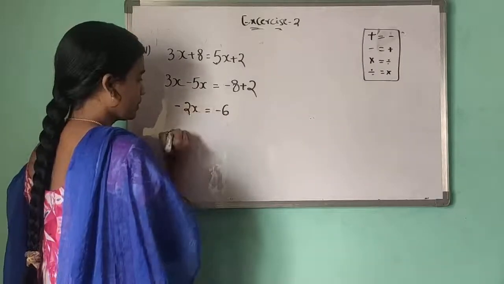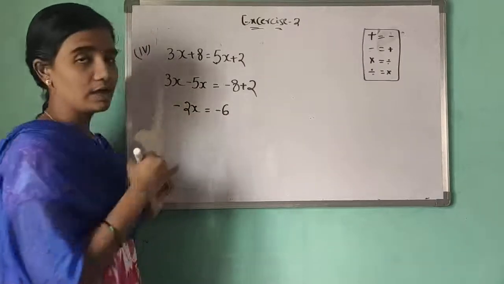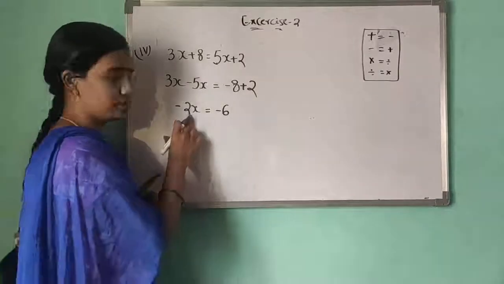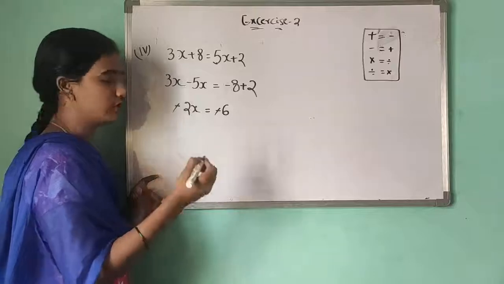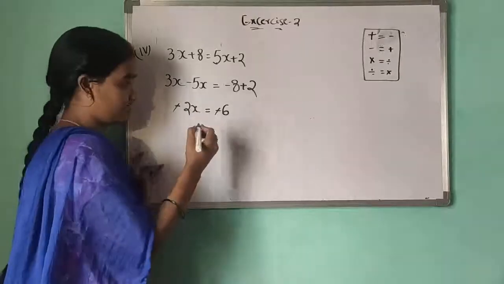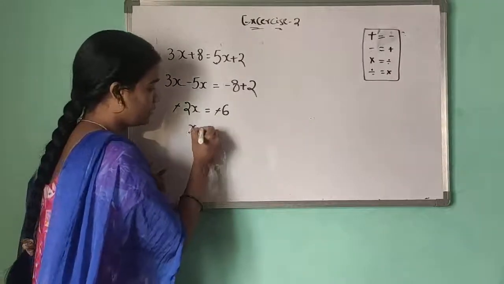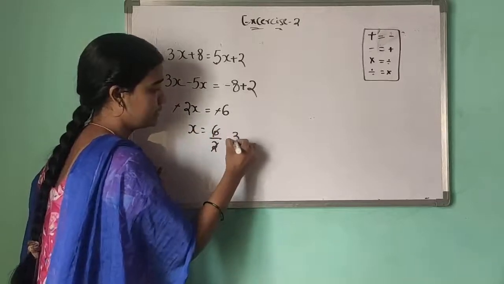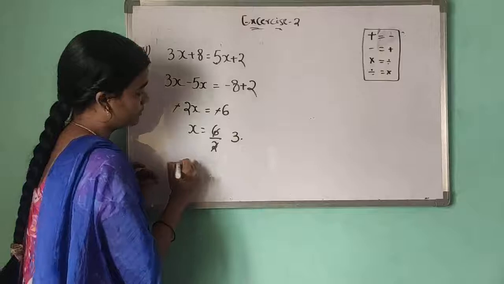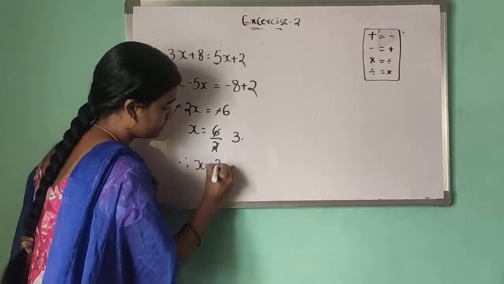So here we have to find the x value. Here multiplication is there, right? See, minus minus cancel. Easy to understand for you. Okay, x is equal to 6 by 2. How many times? 3 times. Therefore the x is equal to 3.